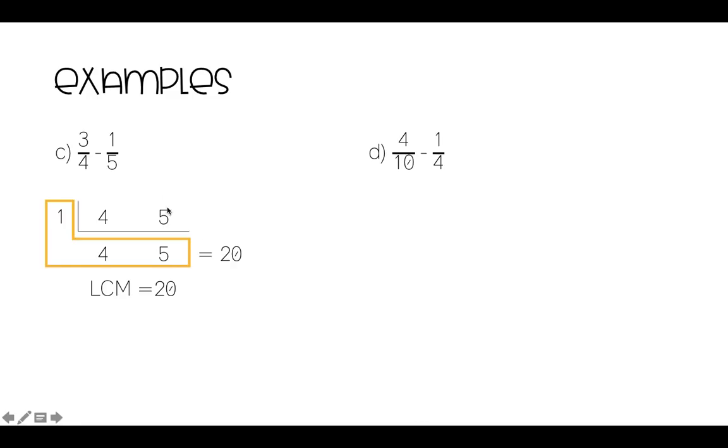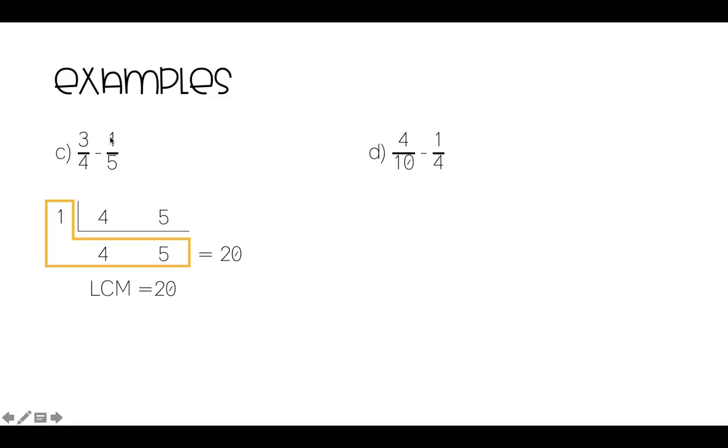What do I have to multiply this fraction by to make the 4 equal 20? So 4 times 5 gives us 20. So 3 times 5, well, that gives us 15. So we end up with 15/20ths. And then what do I have to multiply this fraction by to make it equal 20? Well, I'm going to multiply it by 4.